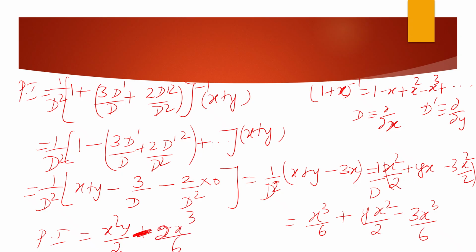So this is what I'm having here. So finally my particular integral is x square y by 2 minus x cube by 3. So finally we can write our complete solution as CF plus PI.